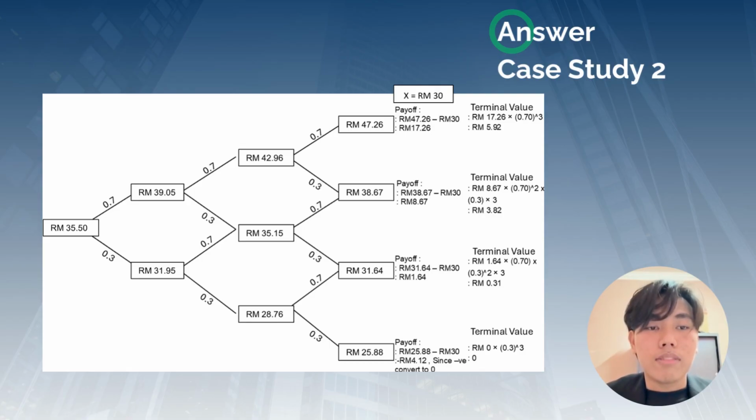After that, we need to find path one, which is how we find 39 ringgit and 5 cents. We calculate that from the previous box, the current stock price.